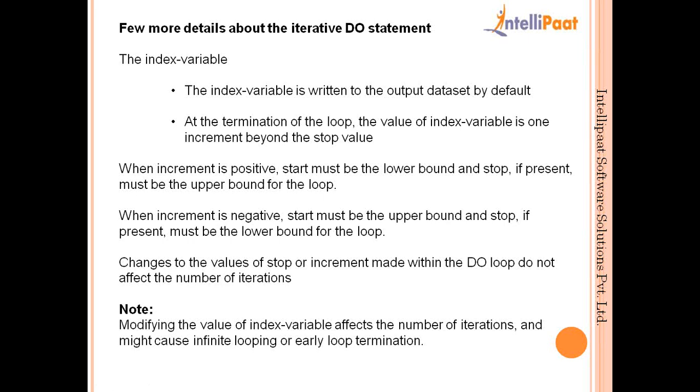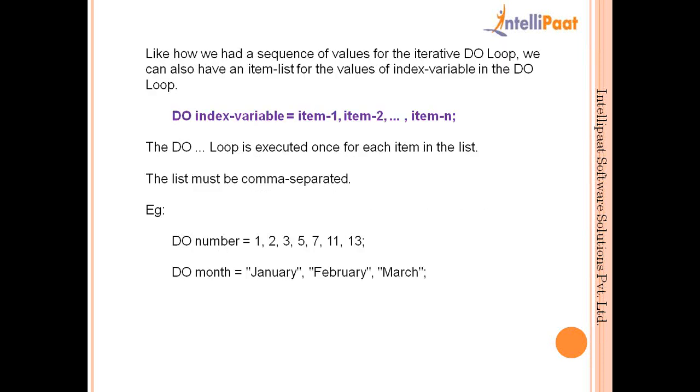So the index variable is basically the condition that will definitely affect, because on that value you are going to run your loops, right? Okay, so that was all theory about a loop.